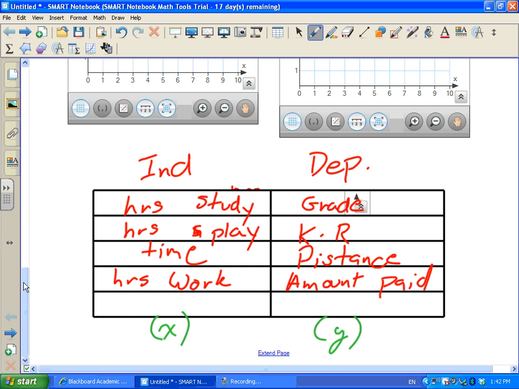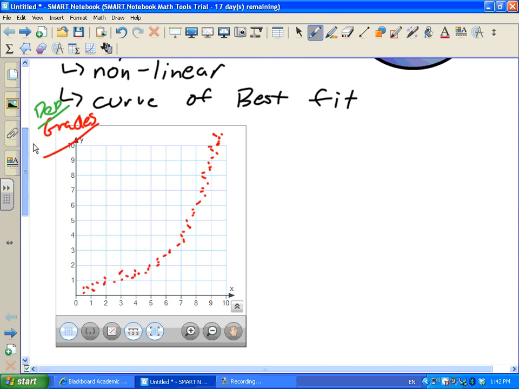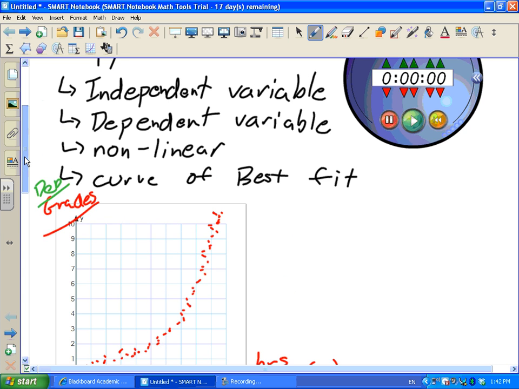Just like we did above with your grades, our hours of study was on our x-axis and was our independent variable, and our grades depended on the amount of hours we studied. So we've covered independent and dependent variables.